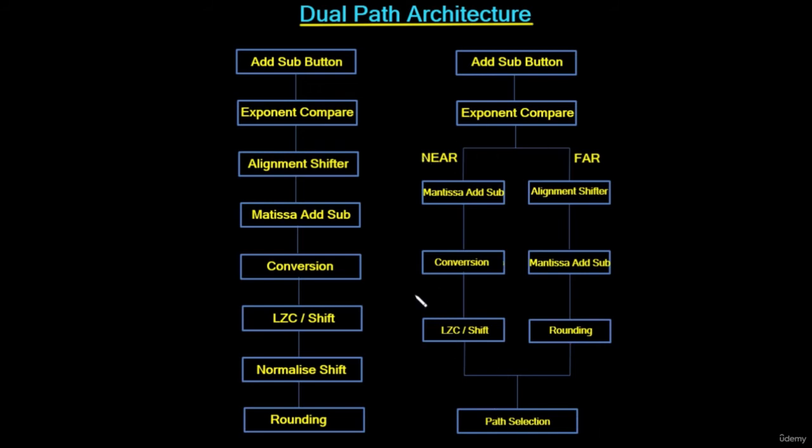So how does this dual path architecture cut down in the number of processes? Well, if we were to look at the left hand side here, which is the near path, so this is for the subtraction where we get cancellation, then you can see that we're going to cut down on this alignment shifter. Now we're not going to shift it by any more than a factor of 1.